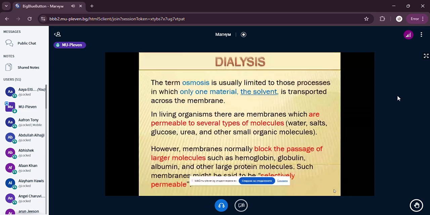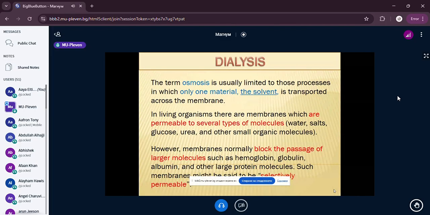And the third passive transport, which is also a kind of diffusion, is called dialysis. Again, what are the similarities between diffusion, osmosis, and dialysis? In all cases, the process is spontaneous, occurs down the concentration gradient, and uses the internal energy of the system, not external energy.